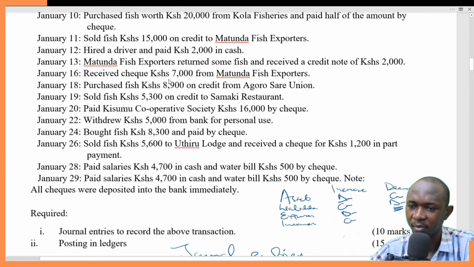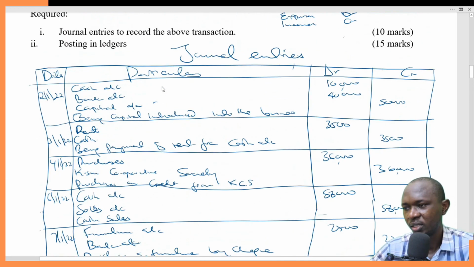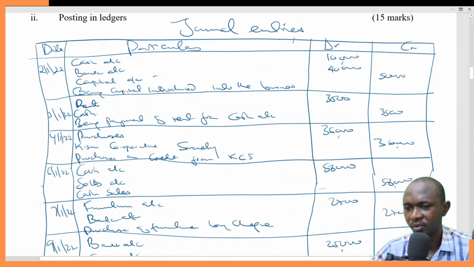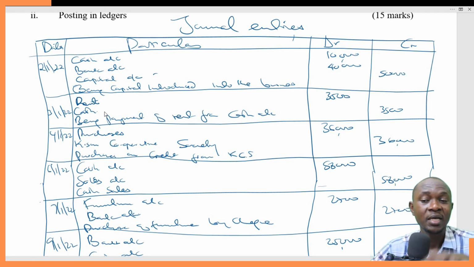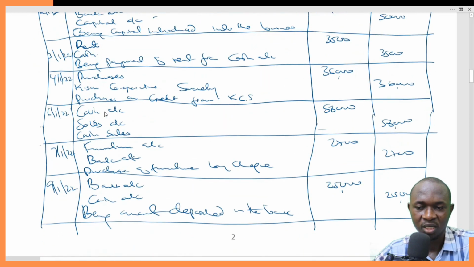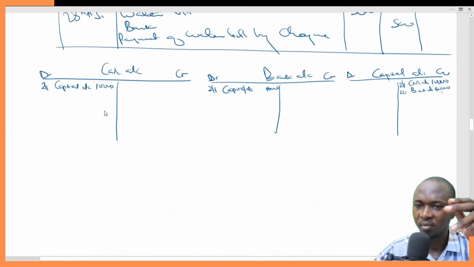So then we go to the next line, rent 3,500, cash 3,500. You can see rent is an expense, so it's on the debit side. Cash, we credit the cash account, and the date is on third. So you simply come here and you say third January. You always give the reason for crediting 3,500.